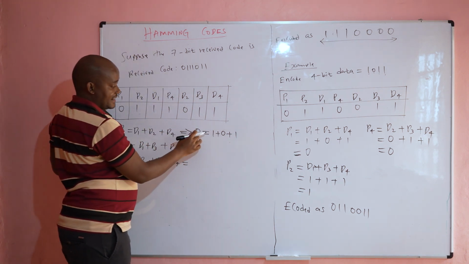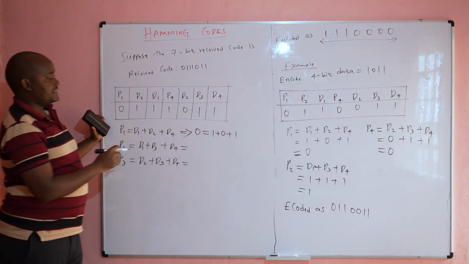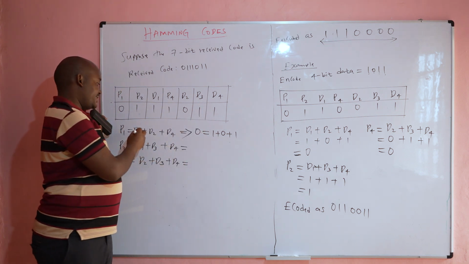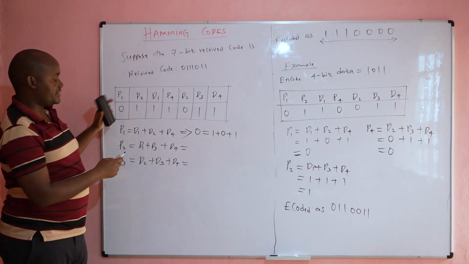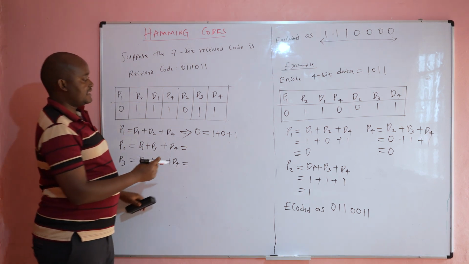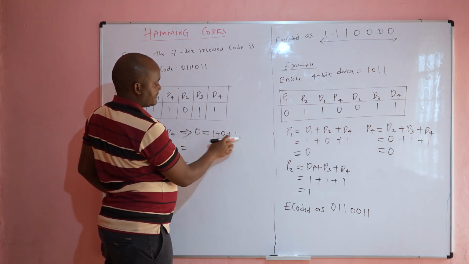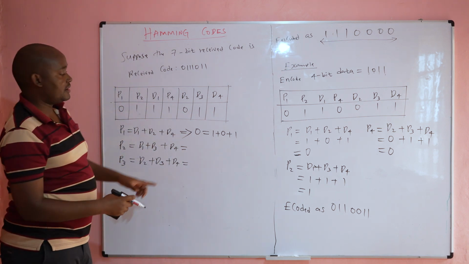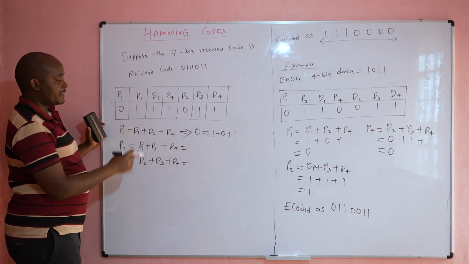And if it is giving us 0, and that is what we have as our parity bit 1, then it means that that position is correct. Meaning that these values D1, D2, and D4 are also correct. So you need to move on and check the other. Because you now see here that 1 plus 0 plus 1 is equal to 2, and the remainder upon division by 2 is 0. This is actually our parity bit 1. So that position is okay.